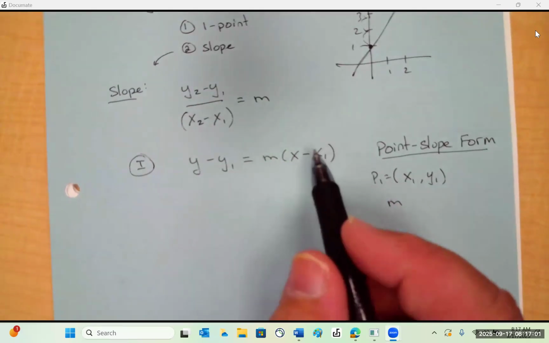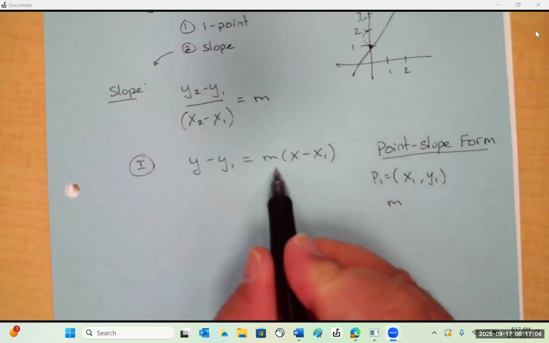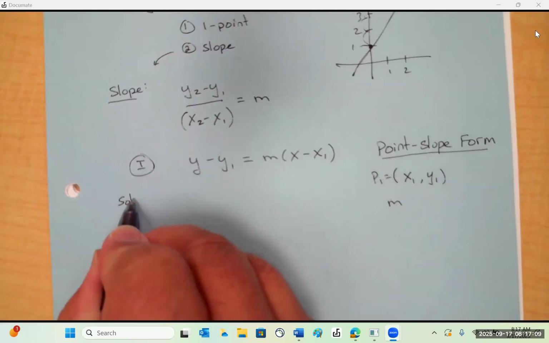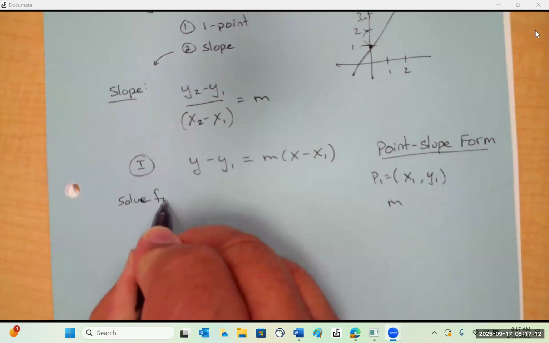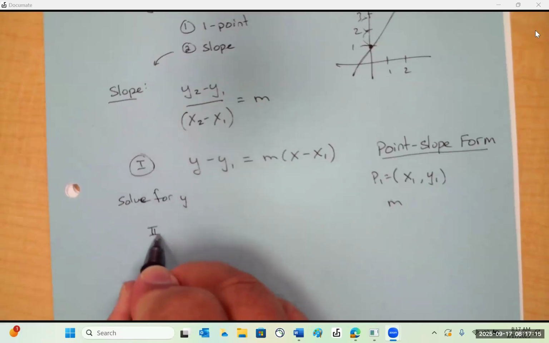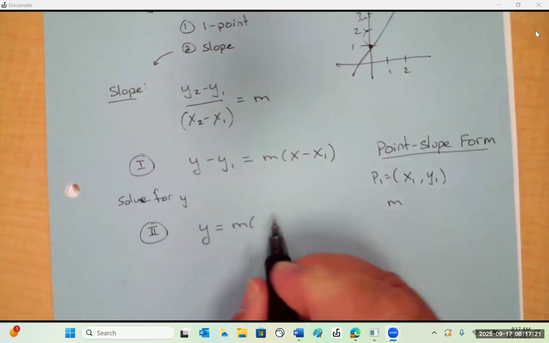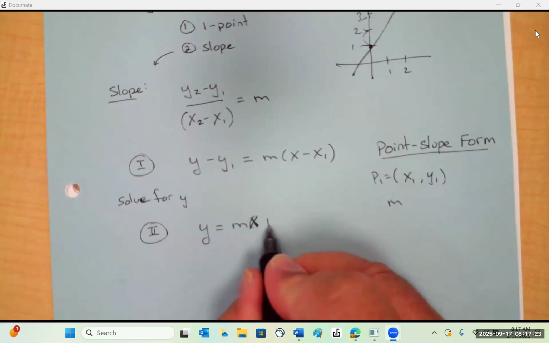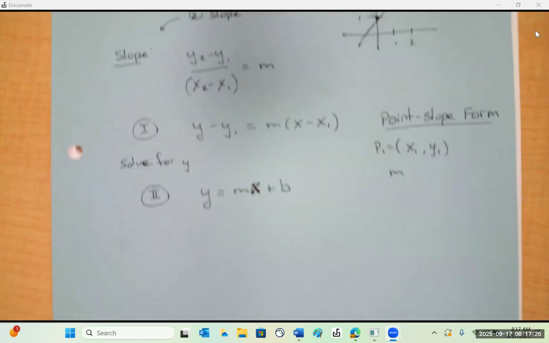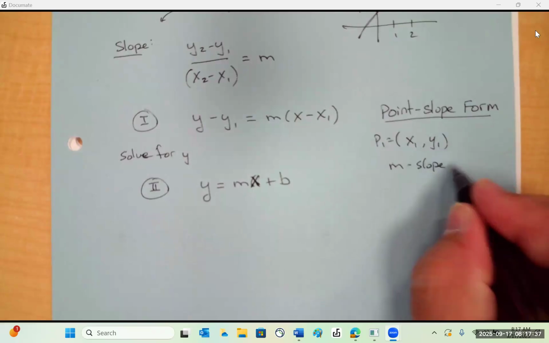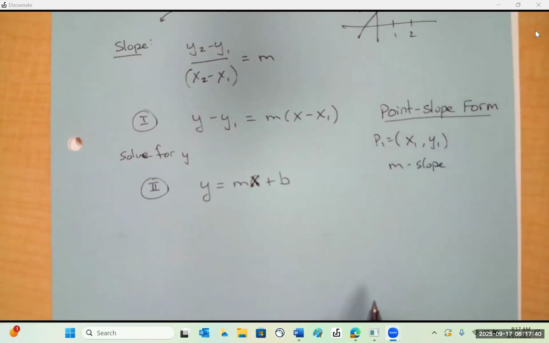Okay, the next one, if you look at your notes from last week or week before, if we take this equation, solve for y, that will give us this equation. Y equals mx plus b. What is that one called? This is the slope. What is this one called?